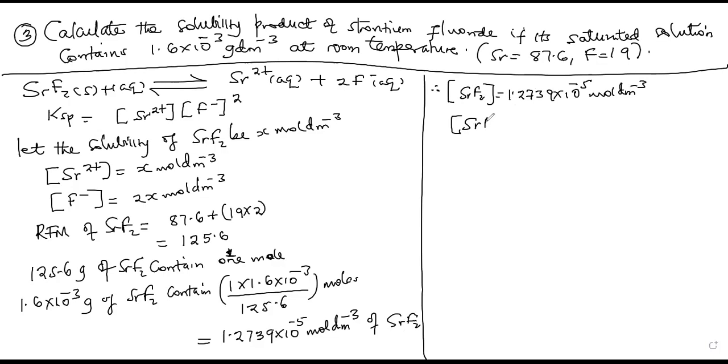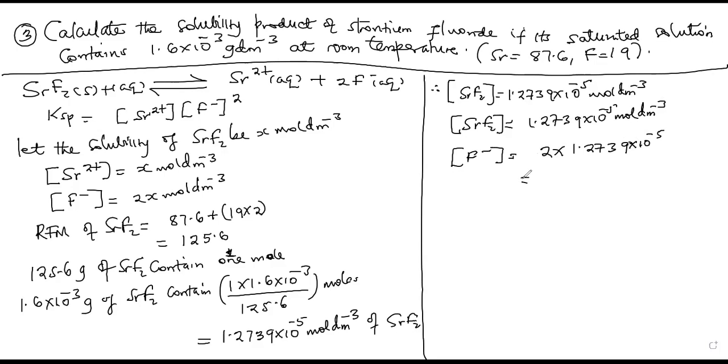This means that the concentration of strontium fluoride will be the value of X, which is the solubility of strontium fluoride, which is 1.2739 exponent negative 5 moles per decimeter cubed, while the concentration of fluoride ion will be equal to 2 times the value of X, which is 1.2739 times 10 to the power negative 5.